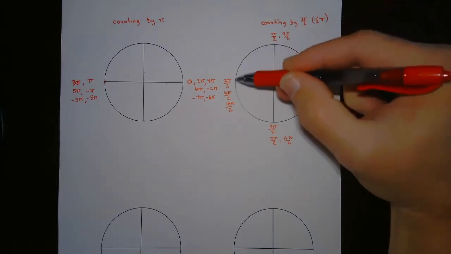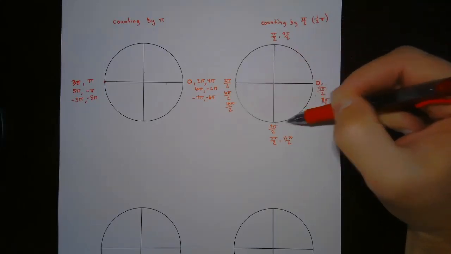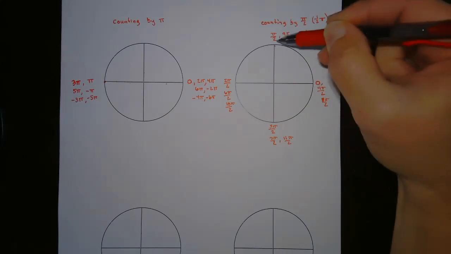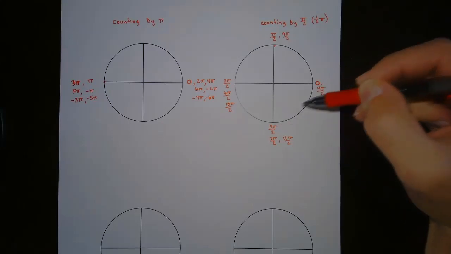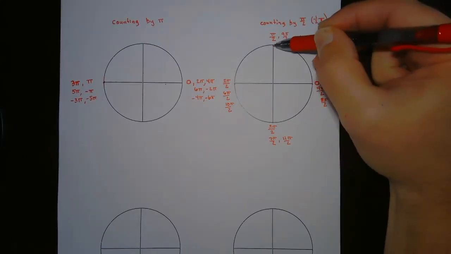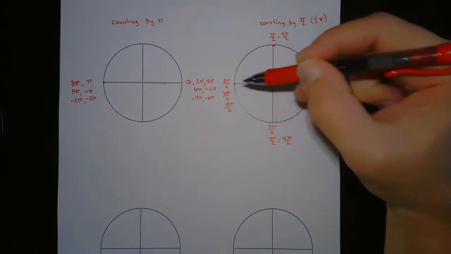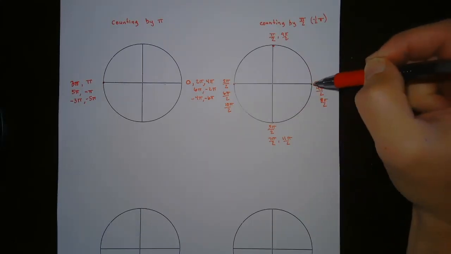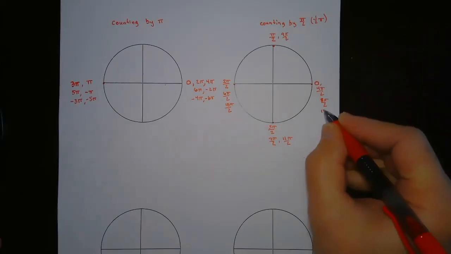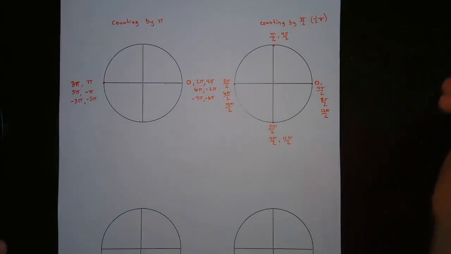So pi over 2, 2 pi over 2, 3 pi over 2, 4 pi over 2, 5 pi over 2, 6 pi over 2, 7 pi over 2, 8 pi over 2, 9 pi over 2, 10 pi over 2, 11 pi over 2, 12 pi over 2. What's 12 pi over 2? That's 6 pi, right? Which is an even pi. So it's going to end up right here, okay?